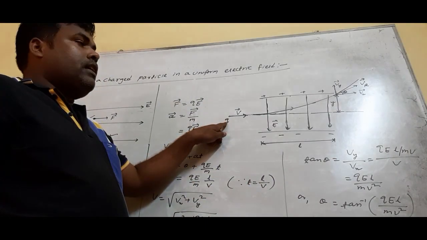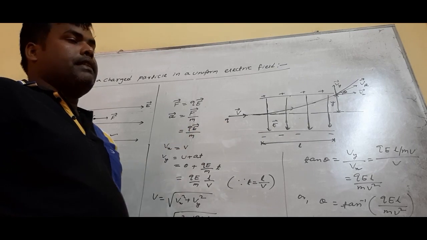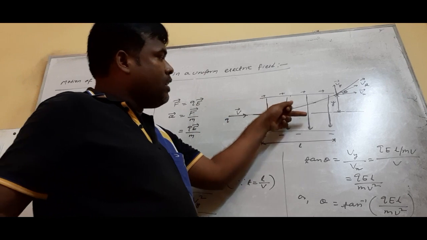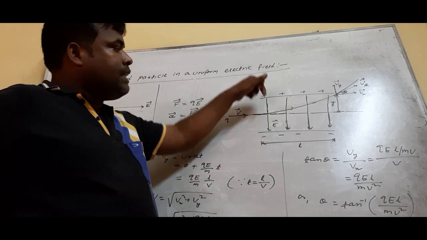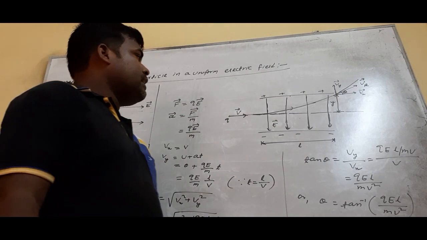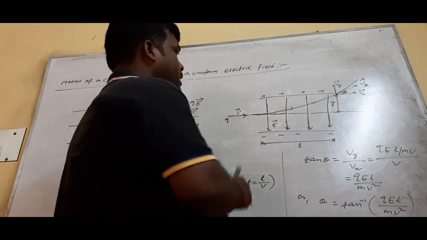So now consider this charged particle is negatively charged. When it enters the electric field, as the electric field is in the downward direction, it gets the electric force in the upward direction.